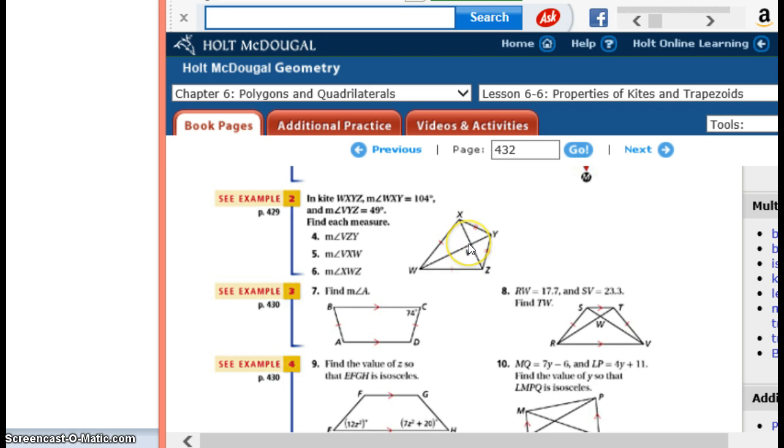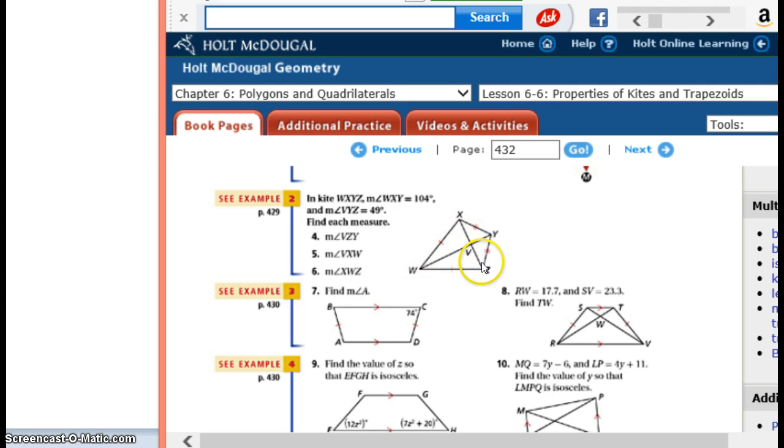And measure VYZ, so this little itty bitty angle right there is 49. So we're going to close our eyes and point our mouse around and go with number 5. Okay. So find measure VXW.